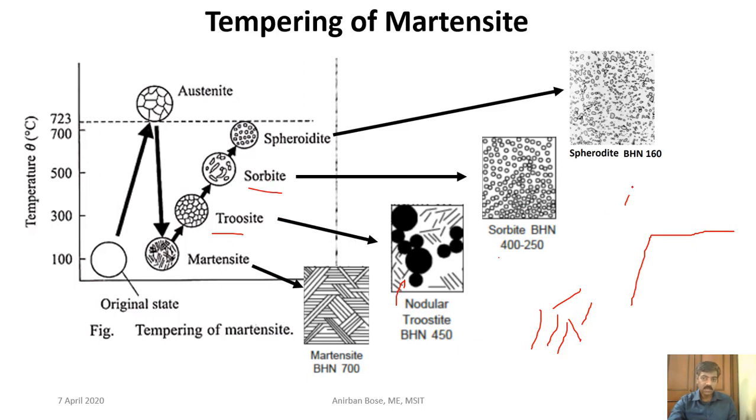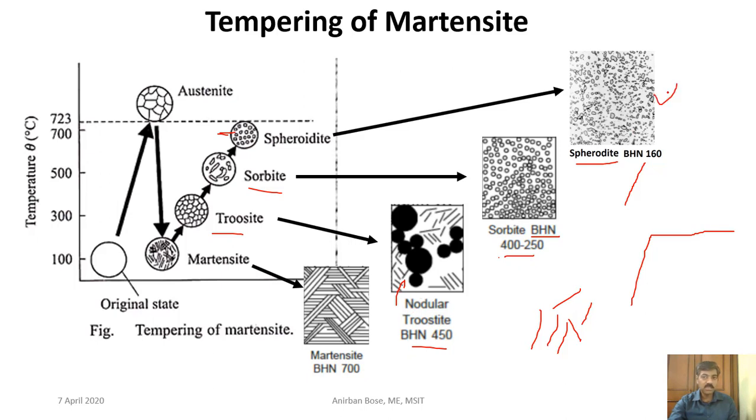And if you increase further, to around 650 to 700 degrees centigrade, and keep it for a long time, you will get small spherical structures throughout the material, which is nothing but spheroidite. You can see their Brinell hardness numbers, so you can get some idea of how hardness is sacrificed, but some toughness is definitely increasing.